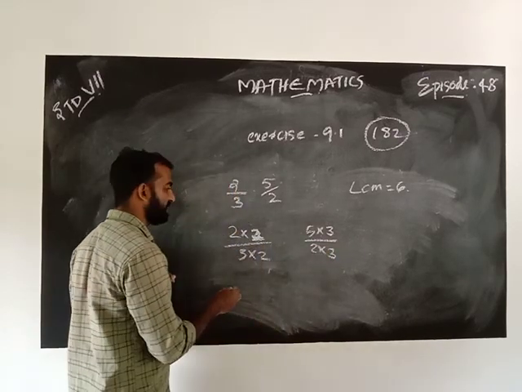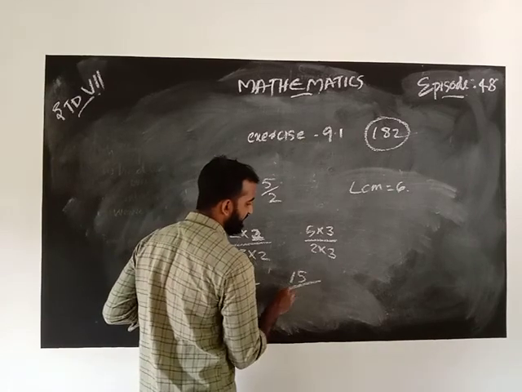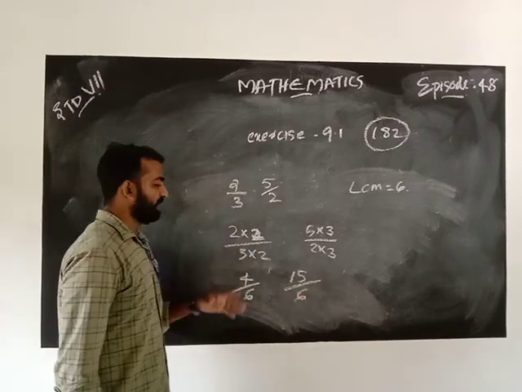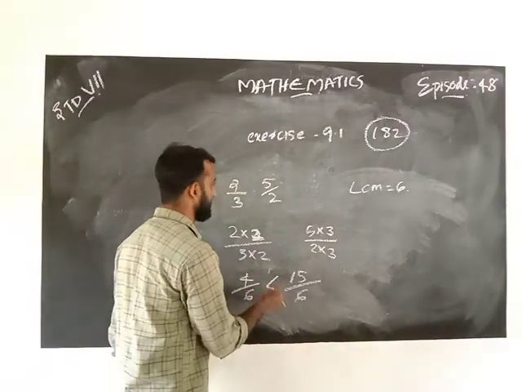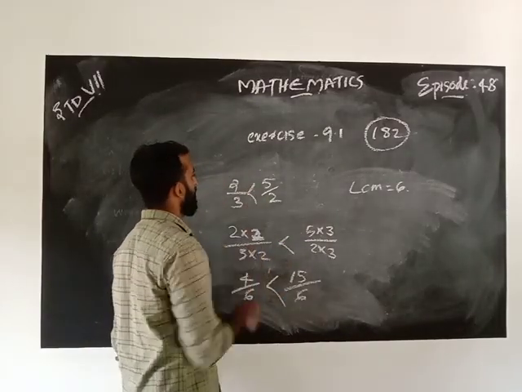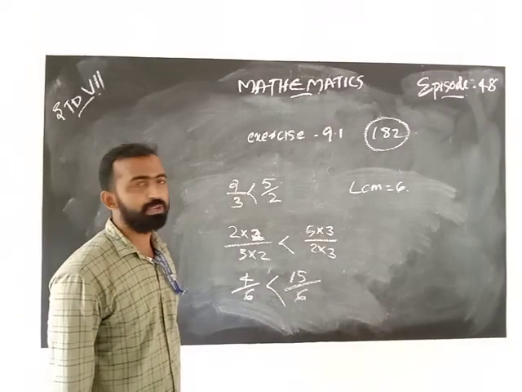That is, here we get 4 by 6 and 15 by 6. Which one is greater, 4 or 15? This one is greater. That is 2 by 3 less than 5 by 2.